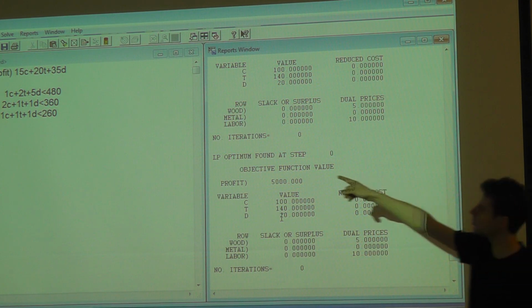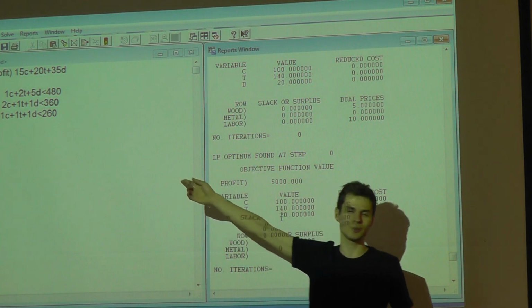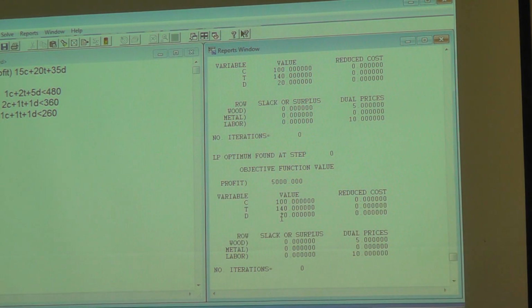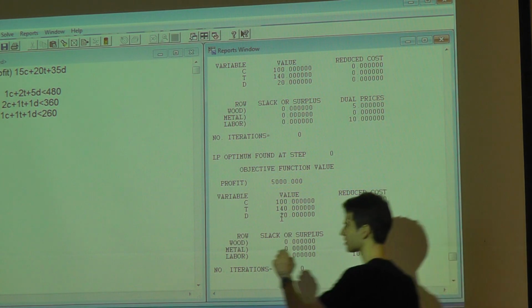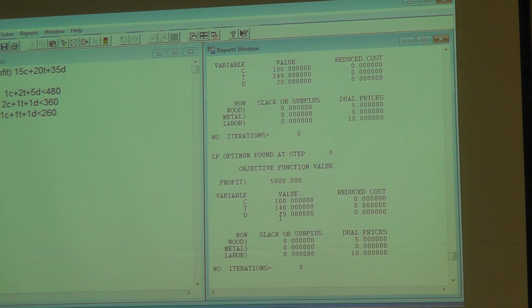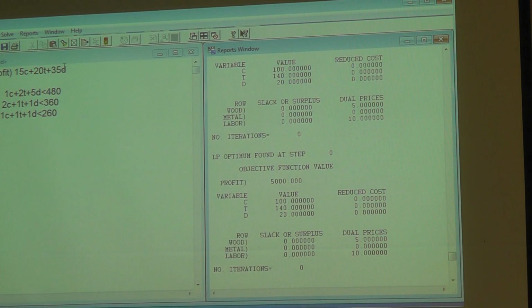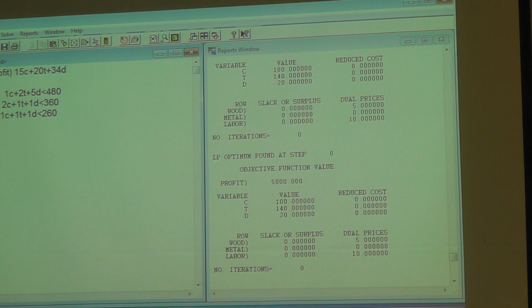Now, in this problem, for the reason that we discussed, we expect to have several optimal solutions. So we can try to force this program to find both of them. So let's say for this problem, we would expect our previous solution to be the only one, 40, 120 and 0.